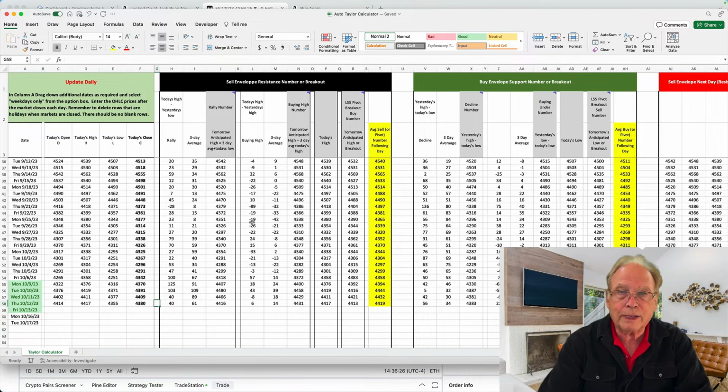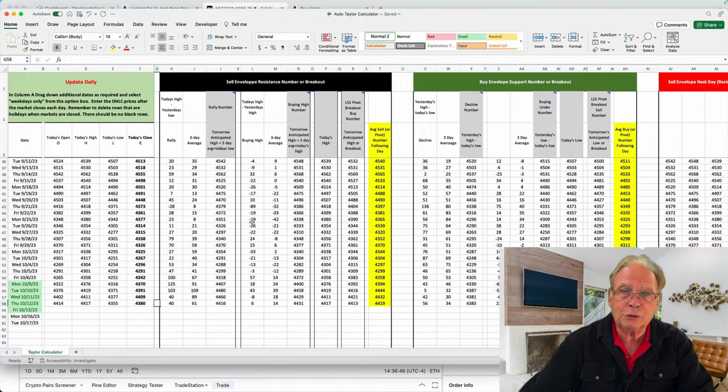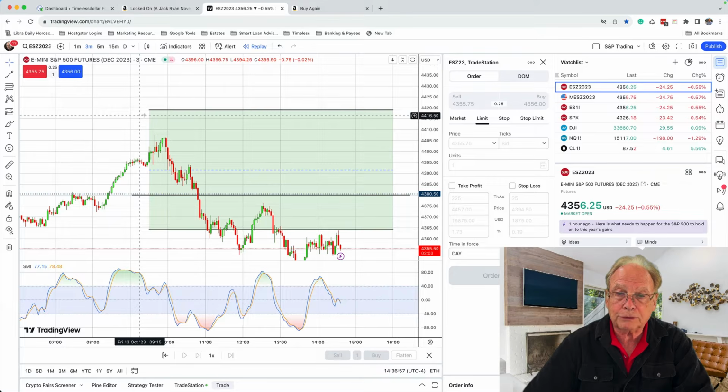It's based on George Taylor's analysis of the markets back in the 1950s, on averages of averages, movements between highs and lows, highs to highs, lows to lows, and lows to highs. These 12 calculations boil down to two numbers, a resistance number and a support number, and that's what I put on my chart.